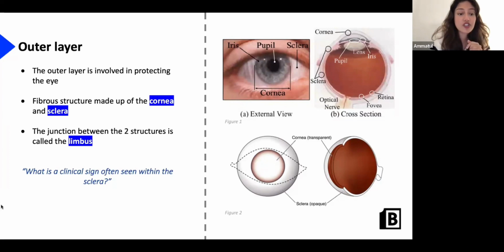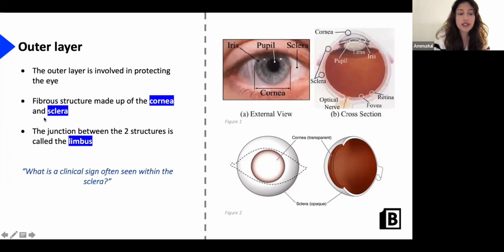Okay, and the junction, the limbus, is also quite important because, as I mentioned, the epithelial layer of the cornea is very prone to trauma, kind of abrasions and things. So the limbus secretes corneal stem cells, and that helps maintain the epithelial layer when it does get damaged.